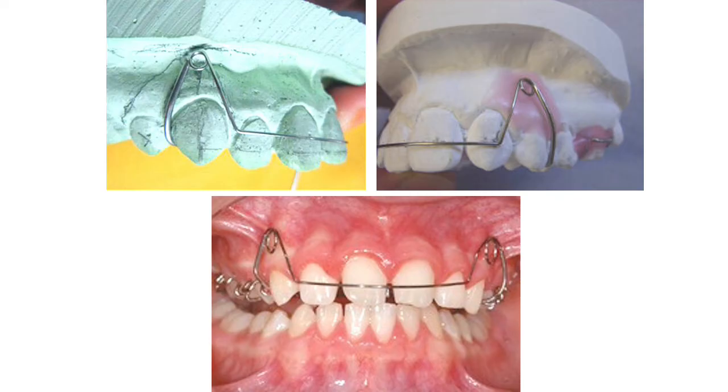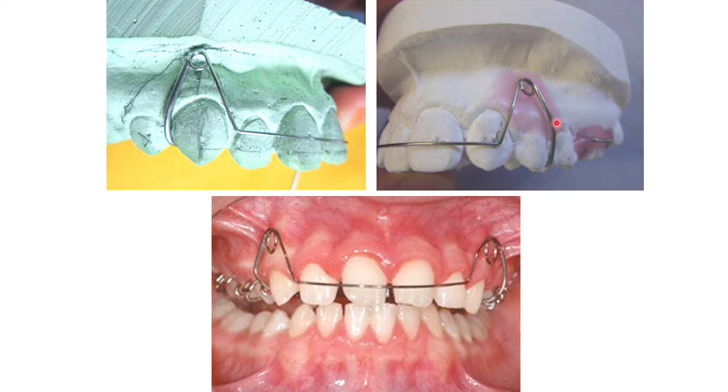This slide shows Robert's retractor on the study model and intraorally. We can see that there is metal tubing, or stainless steel tubing, at the distal arm of the retractor to increase the stability of the highly flexible retractor.